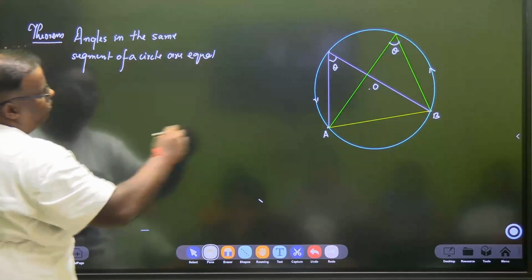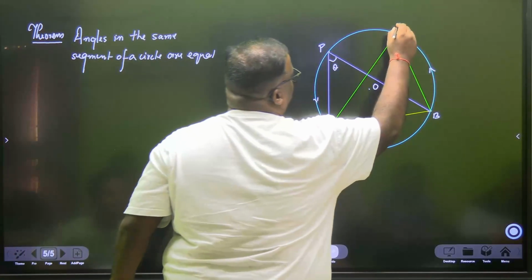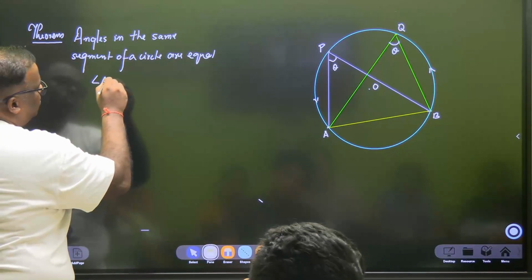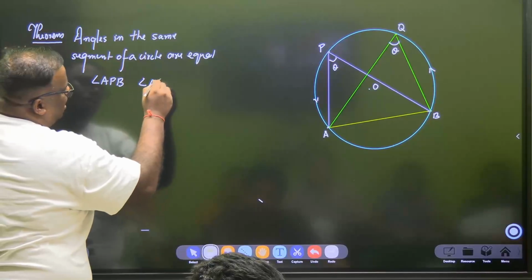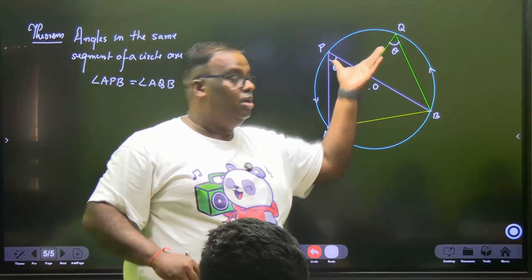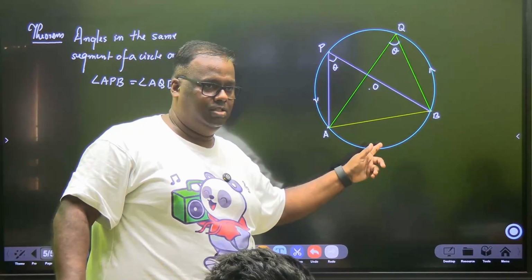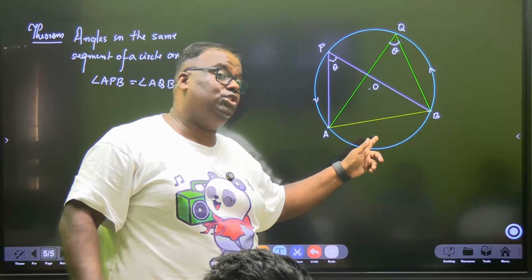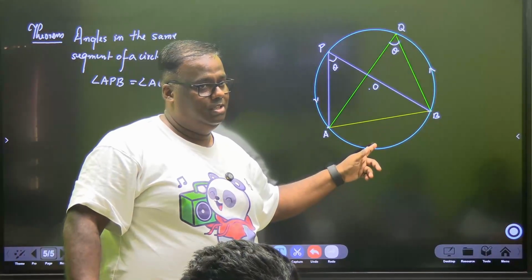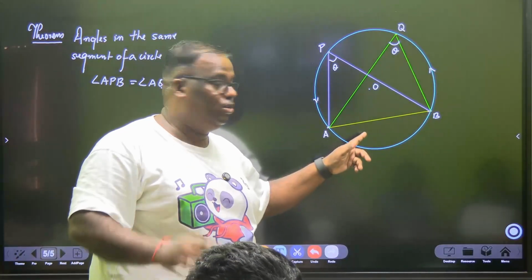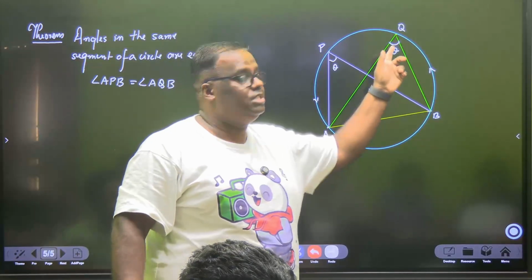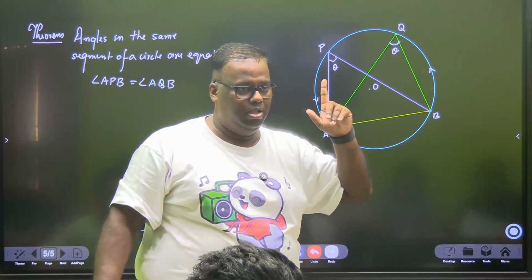Now ask yourself, if this was P and this was Q, then what are you saying? You have an angle APB and an angle AQB. Both these angles are angles on the same segment. Not here and not here. There is a theorem which is not studied in CBSE but in ICSE and IGCSE, alternate segment. Alternate means another angle comes here. You just study angles on the same segment of a circle are equal.